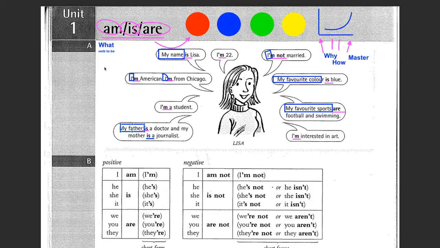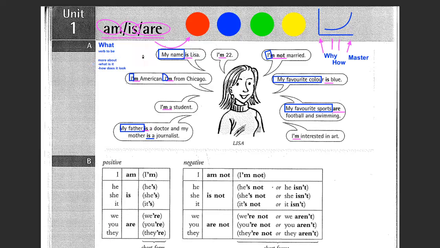Second question, why do we have to learn this? To be more precise, when you use is, am, are in a sentence, it could tell us more about what the subject is, or how the subject looks.